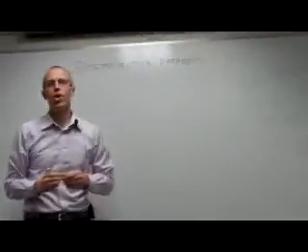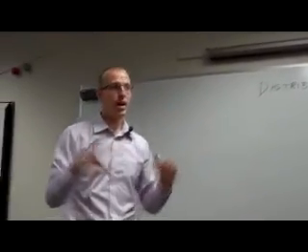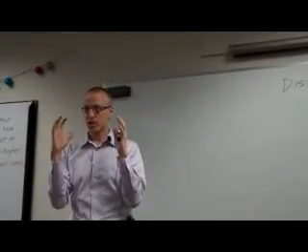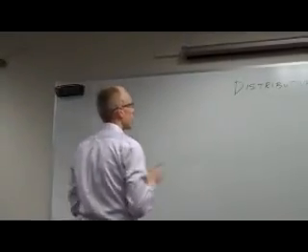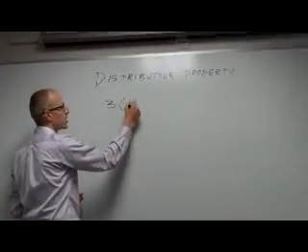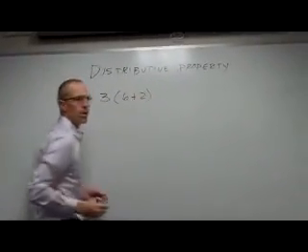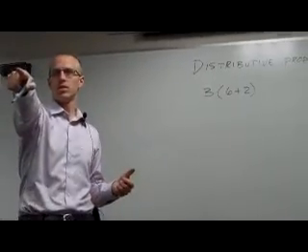Okay, you guys already know about the order of operations, where you do parentheses first, things that are in grouping symbols first, right? So if you look at a problem like 3 times (6 plus 2), what would you do first? What's in the parentheses.